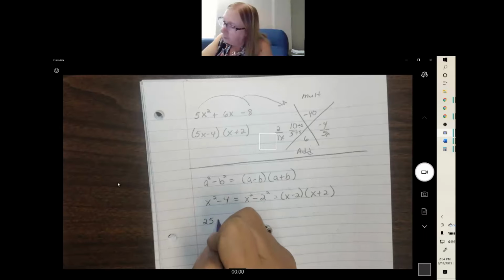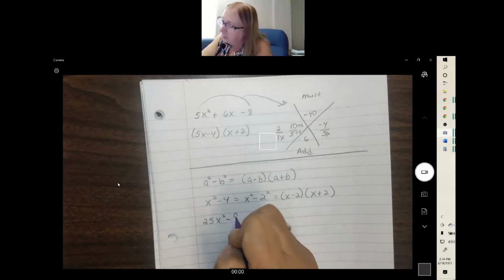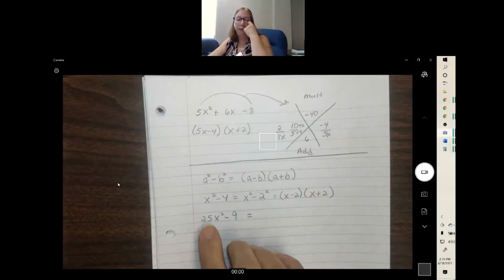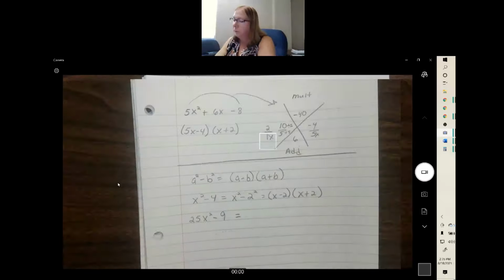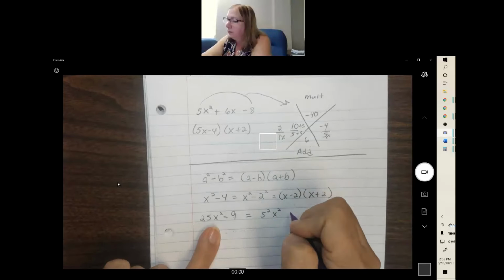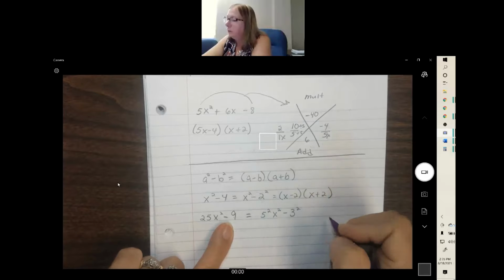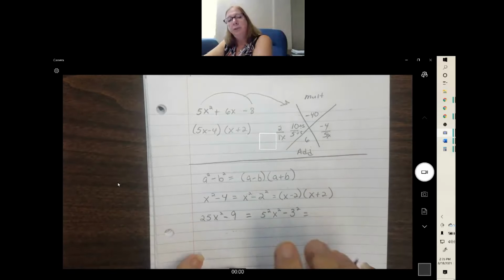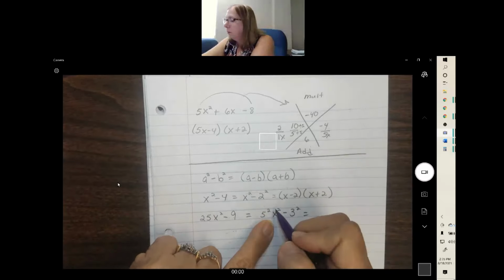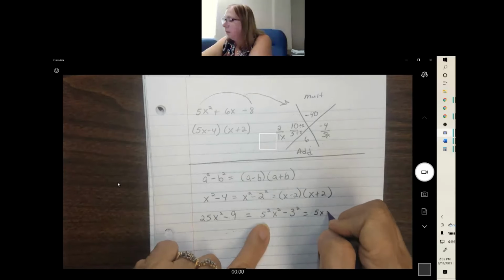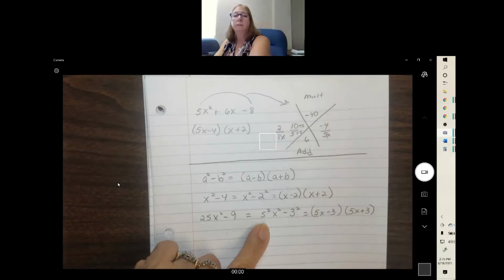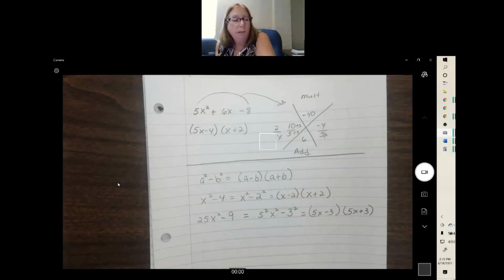We had 25x squared minus 9. 25 and 9 can both be written as perfect squares. 25x squared is 5x squared, and 9 is 3 squared. So you have 2 terms, and they both can be written as perfect squares. Drop off the squares: 5x minus 3, and then write its conjugate, 5x plus 3. Any questions on that?